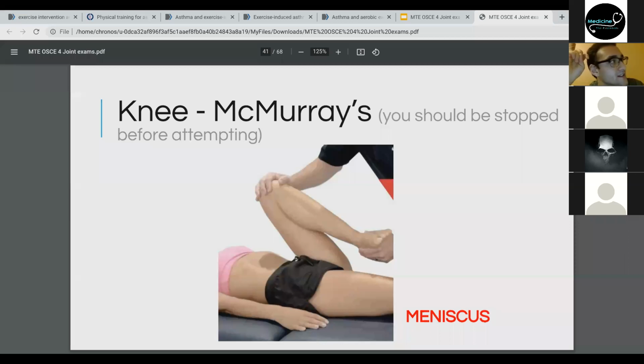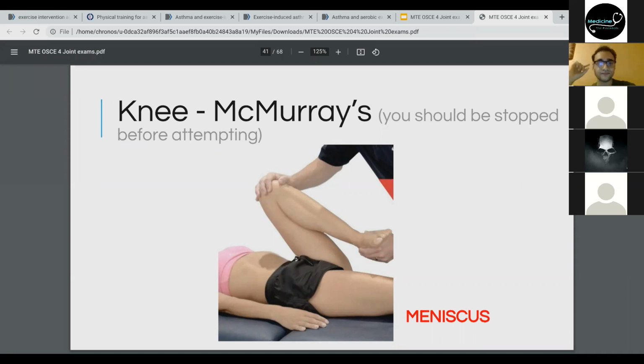Where they start getting the pain tends to be just before they get to 90 degrees of flexion at the hip, but it can vary depending on where their meniscal tear is and how big a tear it is. But I would expect them to start getting pain before their knee is pointing straight to the ceiling.